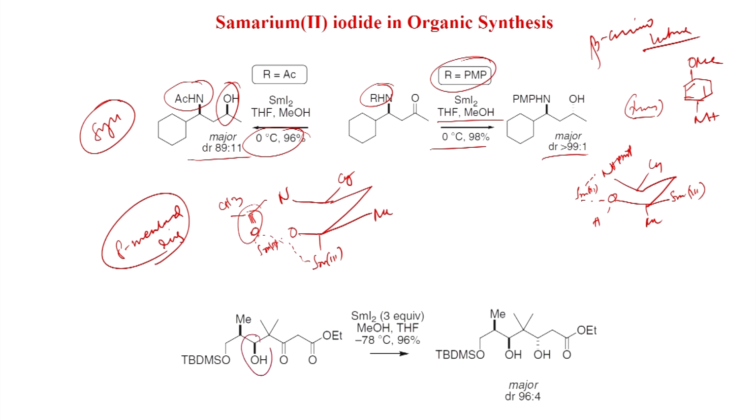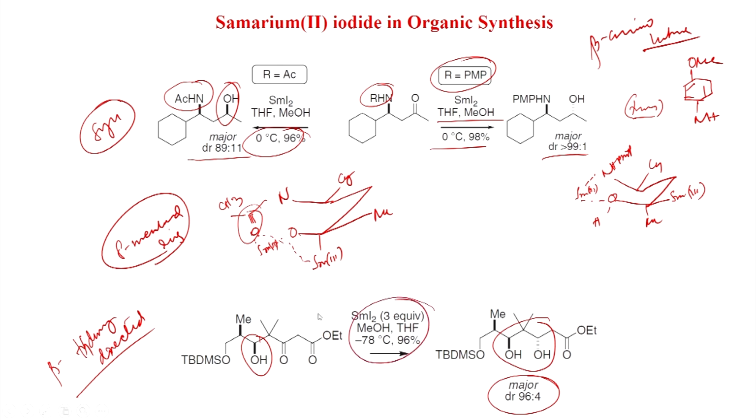Also hydroxy directed, so this is hydroxy directed, we have already seen one, beta hydroxyketone. So, here you can see the trans is forming, obtained also 96:4 under samarium iodide, 3 equivalent methanol, THF, minus 78 degrees centigrade, 96% yield.